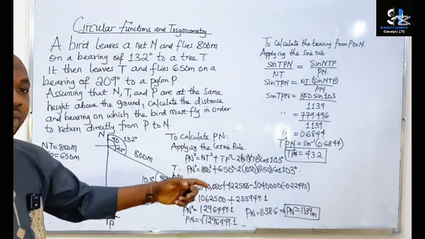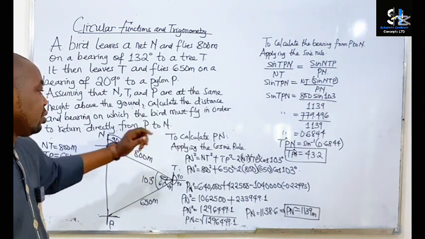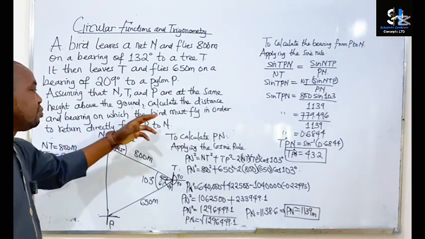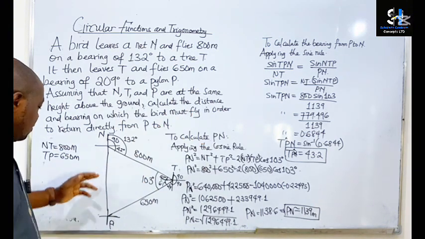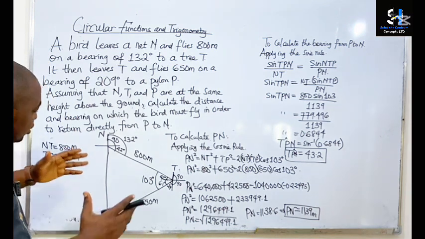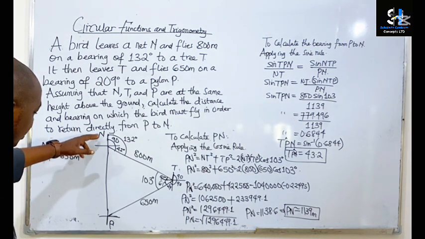That is not the bearing from P to N, because the question says we should calculate the bearing on which the bird must fly in order to return directly from P to N. So first we consider the bearing from N to P.